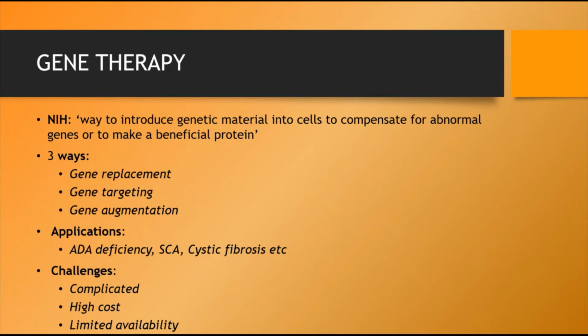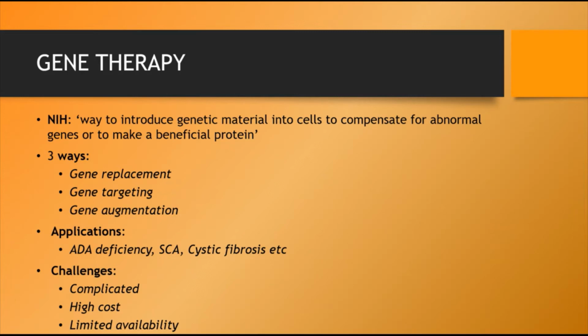Now, how does it happen? There are three ways to do it: gene replacement, gene targeting, and gene augmentation. Gene replacement basically replaces the defective gene with the normal gene, and recombinant DNA technology is used for this purpose. For gene targeting, there's a defective gene, and we correct the defective gene.